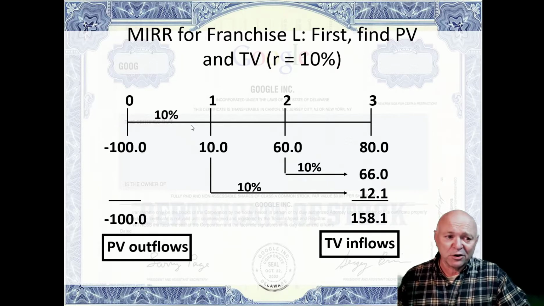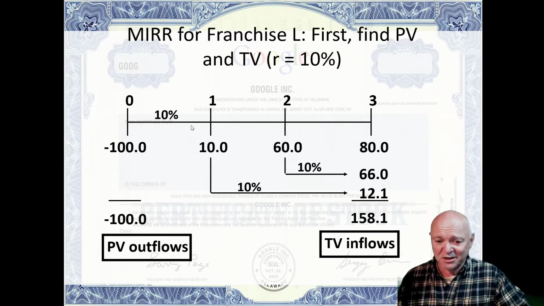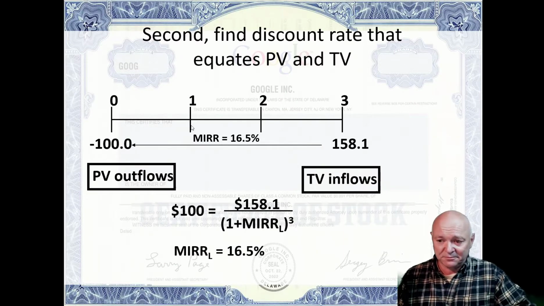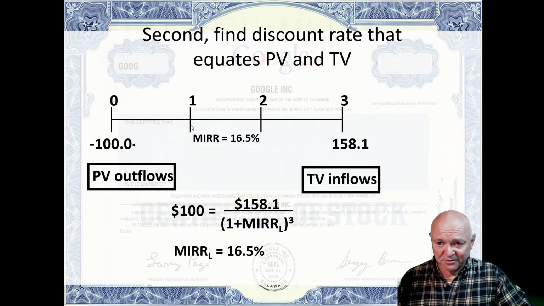So the terminal value of our inflows would be 158.1 million. The present value of our outflows is minus $100 million. So next we would have to find a discount rate that equates the present value and the future value. So if we take 158.1 and divide that by 1 plus the modified internal rate of return to the third power, that rate would be 16.5.